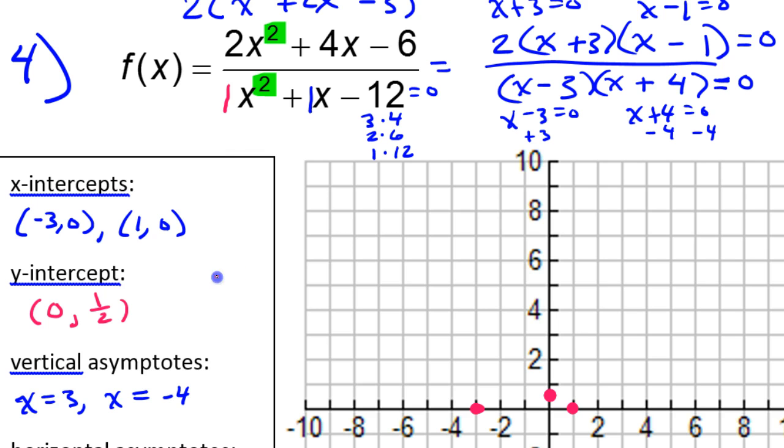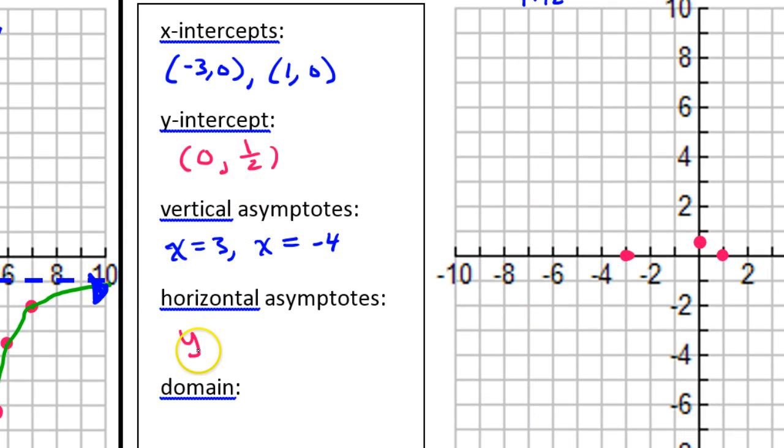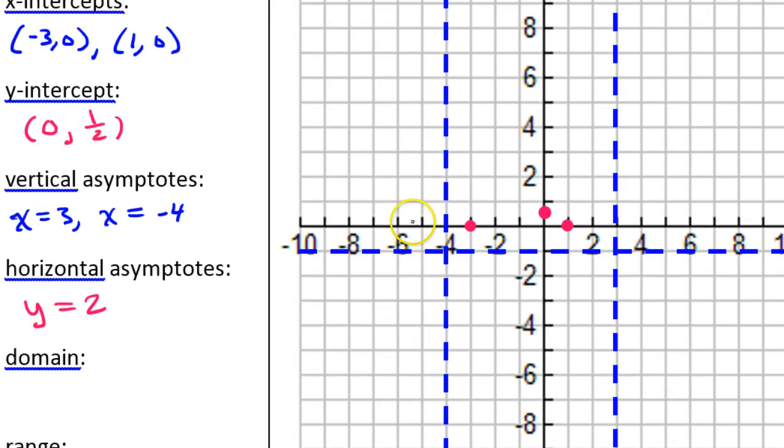So that's why the horizontal asymptote will be y equals 2, because this is like y equals 2 over 1, which is the same thing as y equals 2. Alright, so I'm going to graph all 3 of these asymptotes right now, my 2 vertical and my 1 horizontal asymptote. Okay, so here are the vertical asymptotes and the horizontal asymptote.